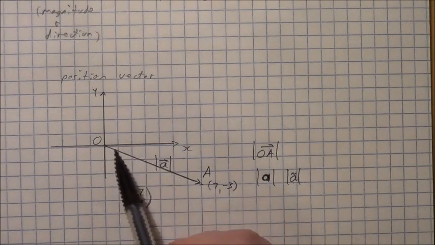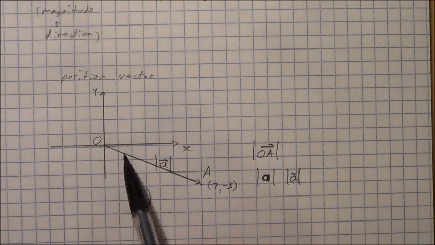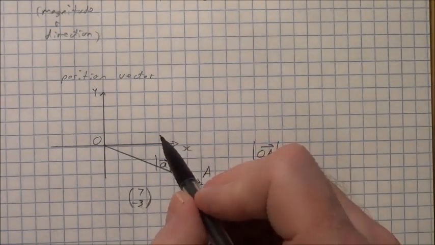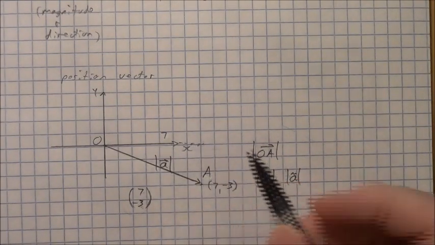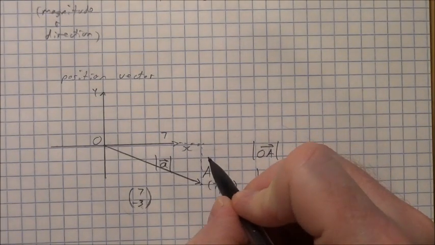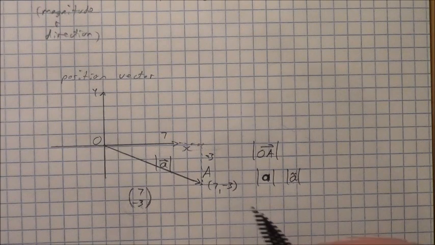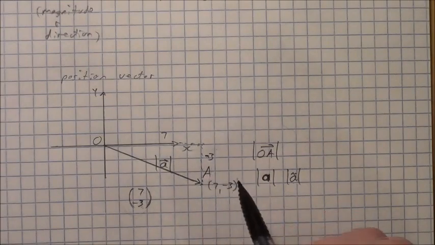And because it's not perfectly horizontal or perfectly vertical, it's on some sort of a diagonal, we see that we've gone 7 units to the right and 3 units down. It's negative because it's downwards. I was going to say south. If we're using cardinal directions, it would be south, but this is like 3 units down from the x-axis.